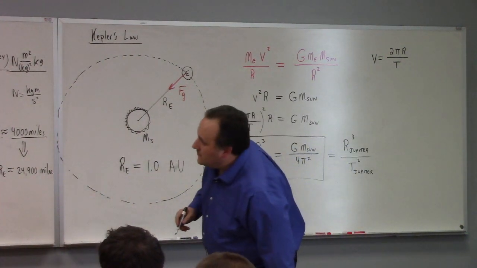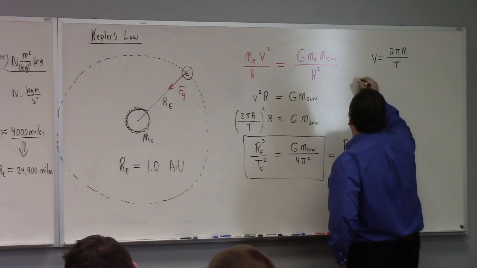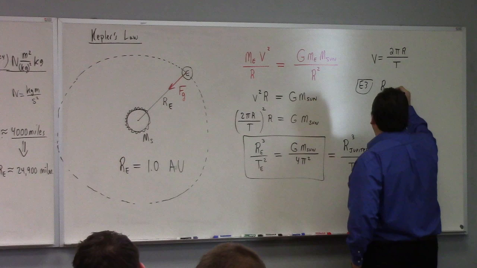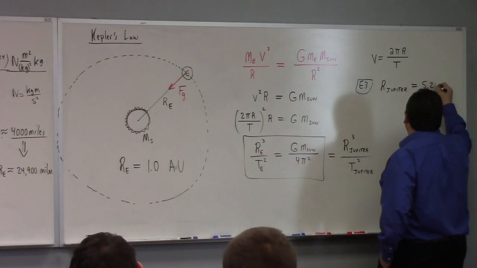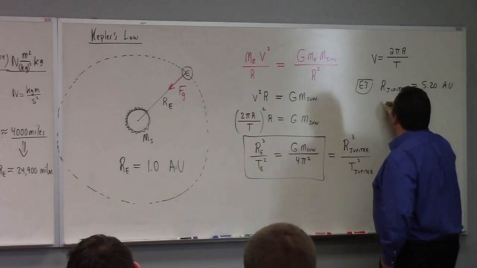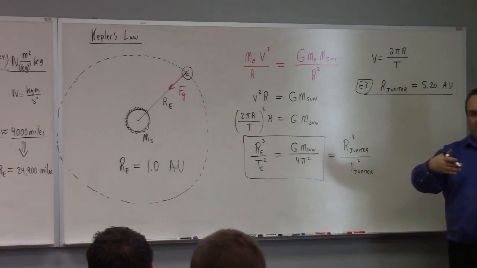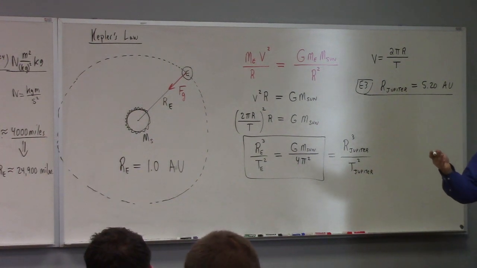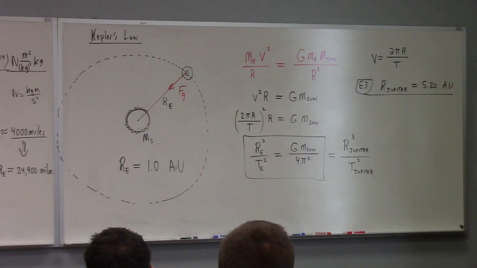Example 3. The radius of Jupiter is equal to 5.20 astronomical units, right? Find how long a Jupiter year is. How long does it take for Jupiter to complete one revolution around the sun?